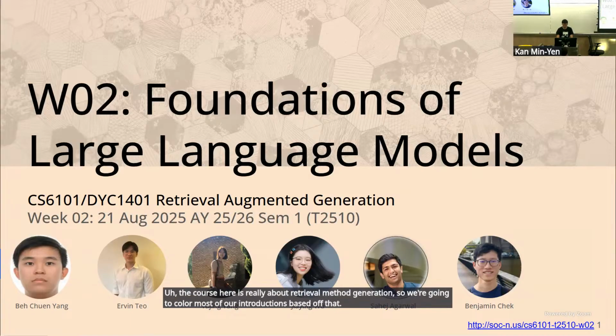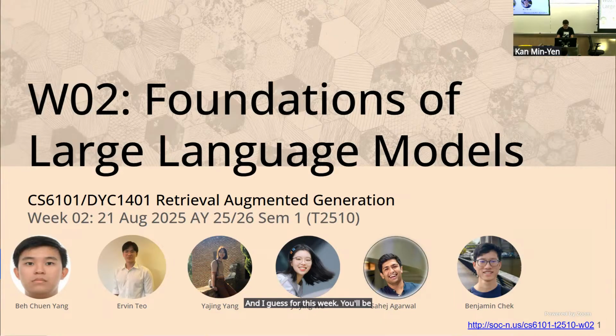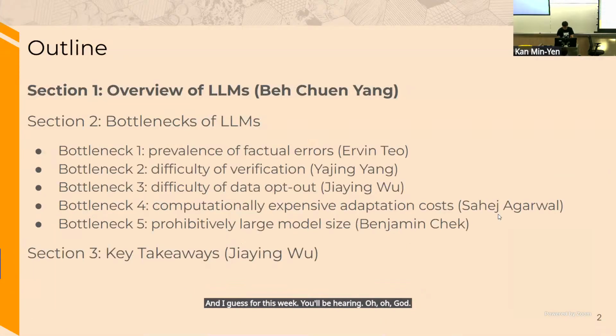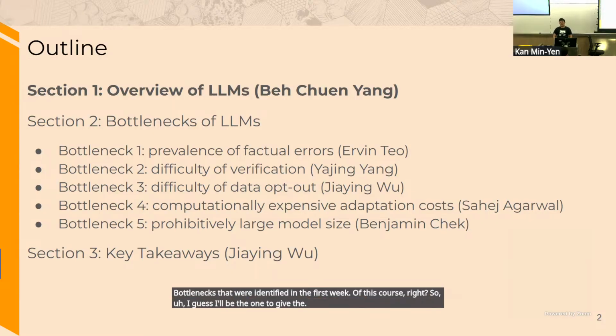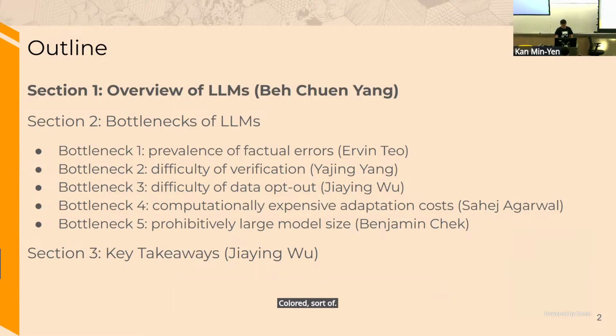And for this week, you'll be hearing from all fellow lecturers that we are going to be basing most of our presentations off of the bottlenecks that were identified in the first week of this course. So I'll be the one to give the colored overview, and you can see that the other lecturers will basically be documenting how it relates to the bottlenecks that we identified last week.